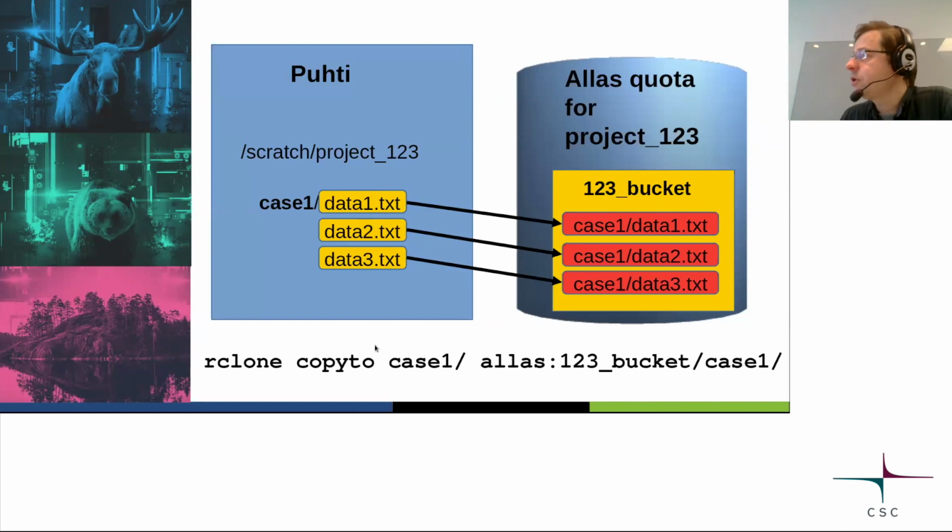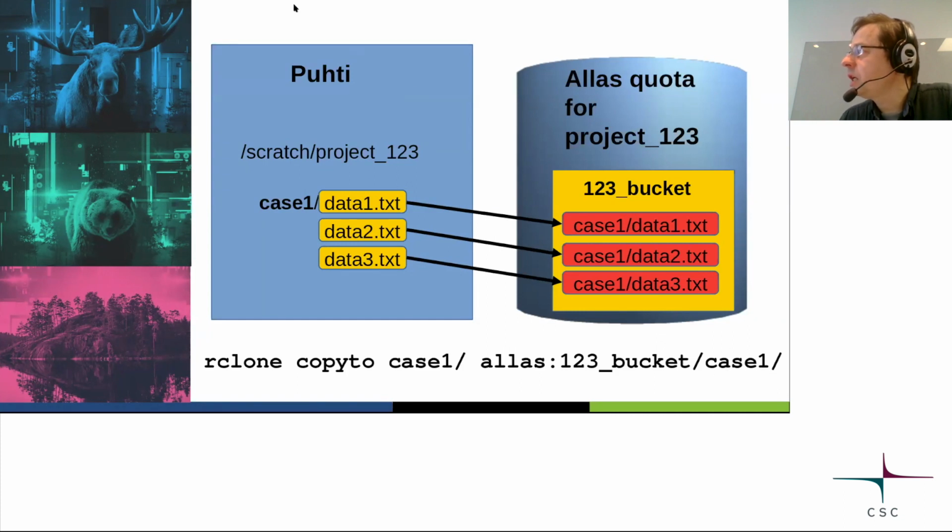So in this case, what this command would do is copy everything which is in directory case 1 to a service which is defined here. It's Allas. That will be defined automatically when you run the setup command in the CSC environment. And then you need to define yourself the bucket where the data is stored, and then maybe a beginning of the object name that will be used.